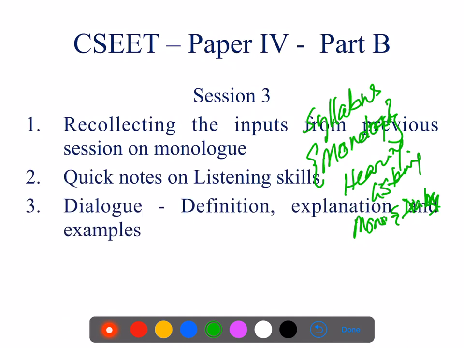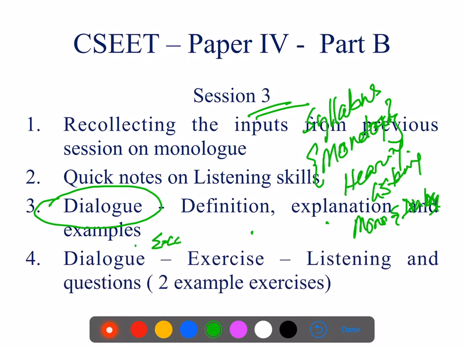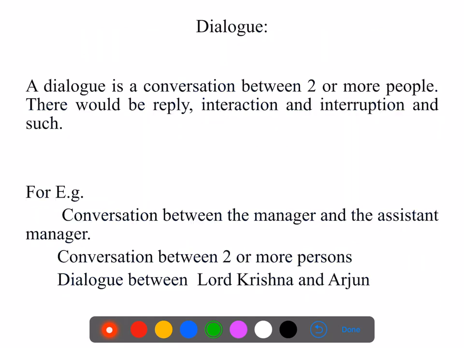Now, in session 3, that is today's session, we will be understanding dialogue better with a small definition and then the explanation and examples, which would consist of exercise like the previous session. So what is a dialogue?